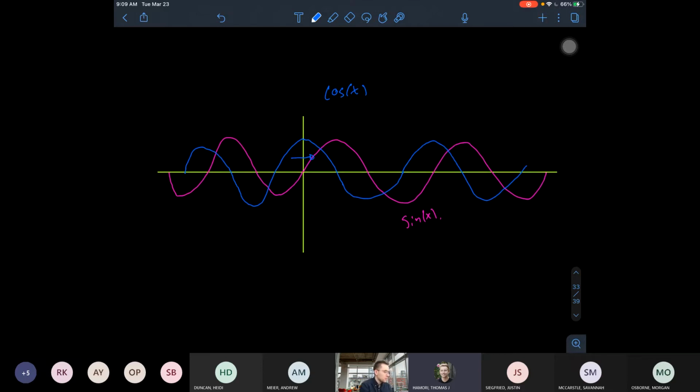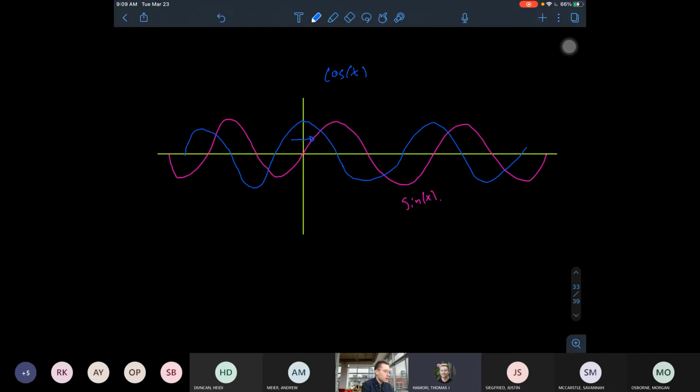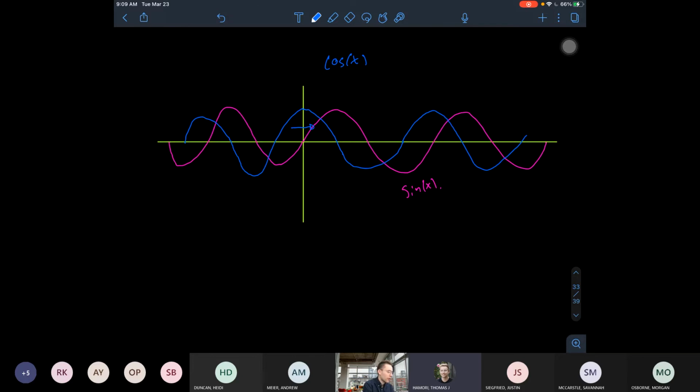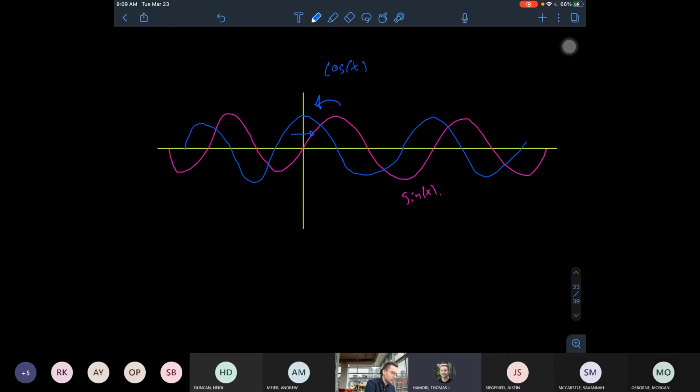Okay? So if we want to know what the graph of 1 over cosine looks like, we might expect that it looks a lot like the graph of 1 over sine, except moved over, as you say, pi over 2 units.